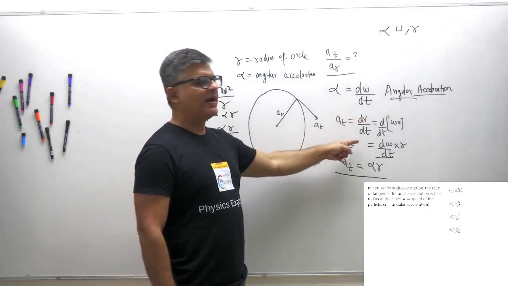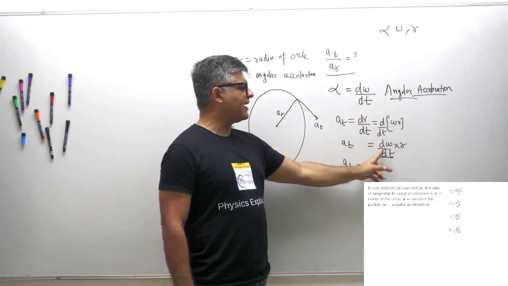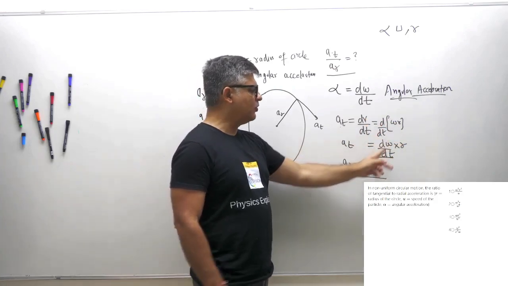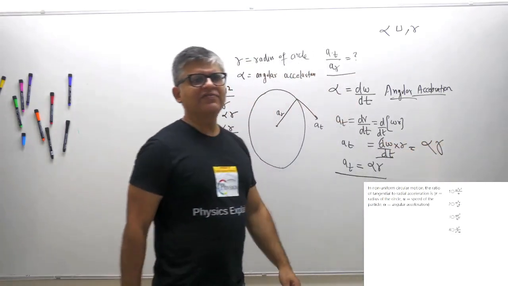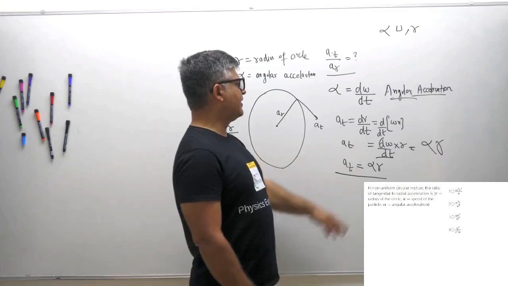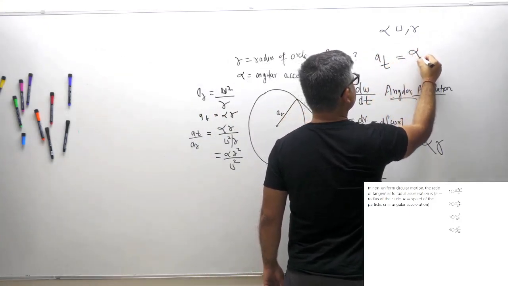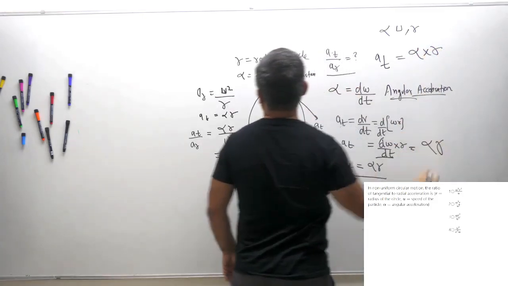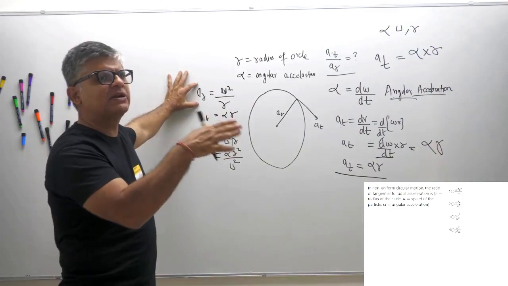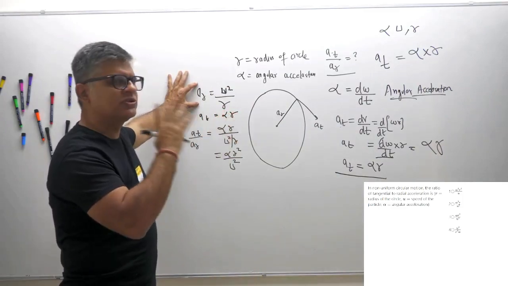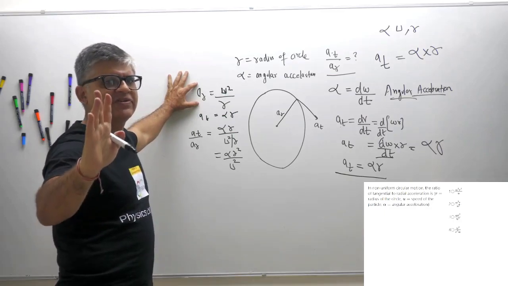AT is dV by dt, and V is equal to omega R. Change it, and we write it as d omega by dt into R. D omega by dt is again alpha, so AT is alpha R. So the big learning for you in this question is that the relationship between tangential acceleration and the angular acceleration is alpha into R. I think A radial is a very standard thing. You see this in the centripetal force in your circular motion also. So this should not be any brainer to you. I could have finished this in a few seconds.